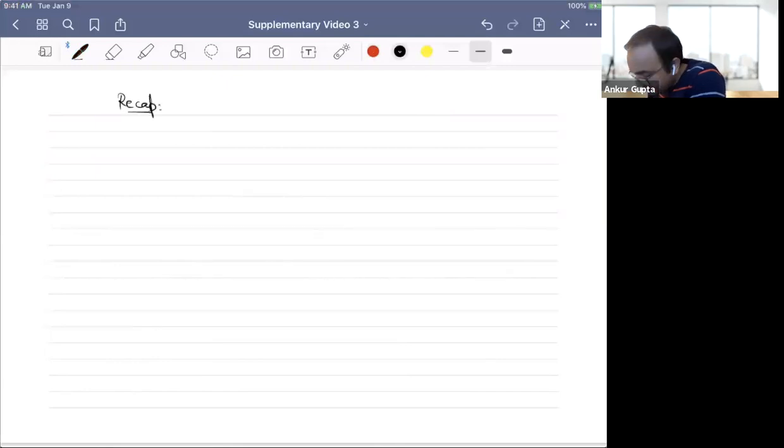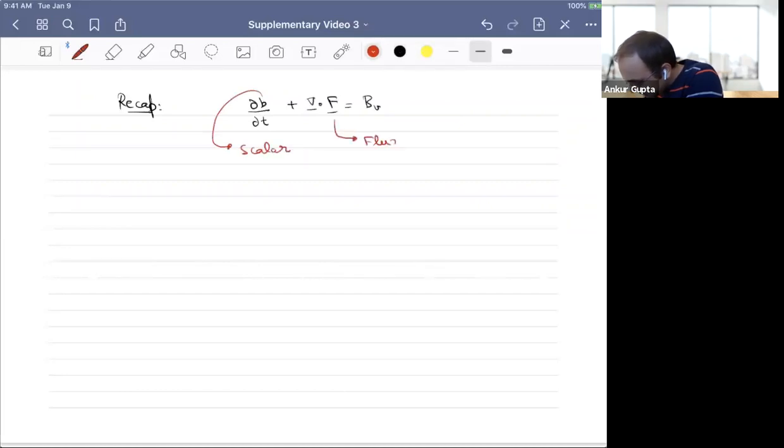in the lecture was that the conservation equation for a scalar B with a flux F comes out to be this equation, where B was the scalar, and F was the flux of scalar B, and BV was the production rate per unit volume.